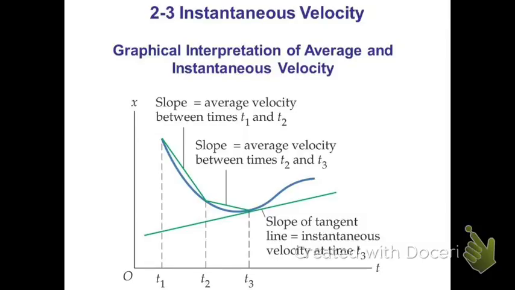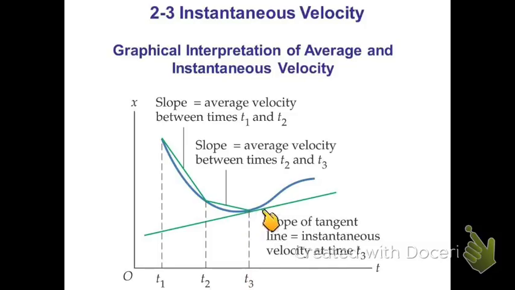Here in this graph you see an object moving on this blue line. It's the trajectory of this object, and the slope of this first green straight line is nothing but the average velocity between time t1 and t2. The slope of the second straight line is the average velocity between t2 and t3.